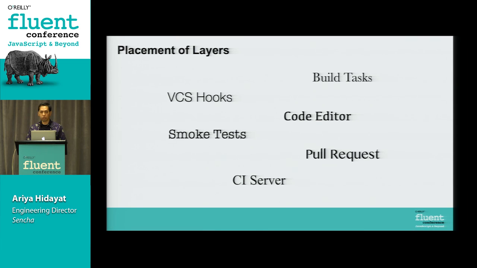How many of you here use Jenkins, Hudson, TeamCity? So a CI server is another place where you can put a lot of protections. Smoke tests are pretty important. As I mentioned before, what's the use of a mail application if you can't log in in the first place? VCS hooks: I'm going to show a way to inject some testing right into your git pre-commit hook script.